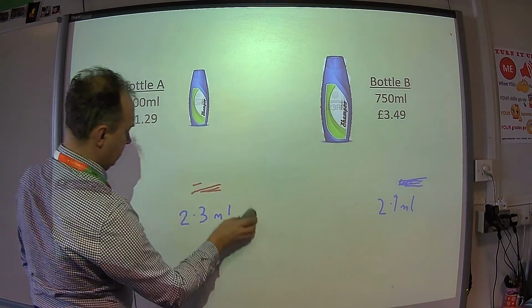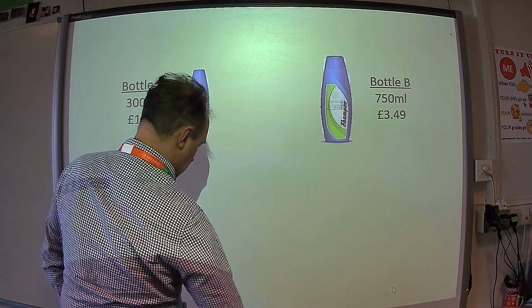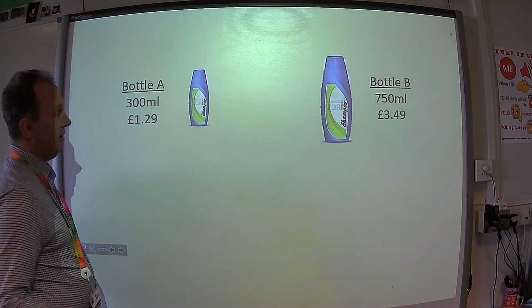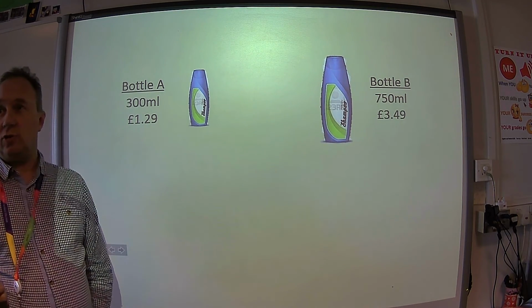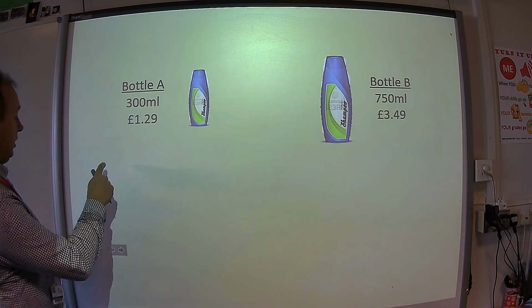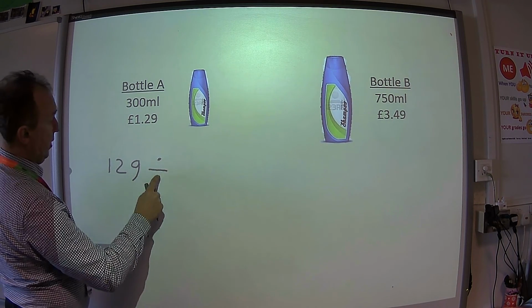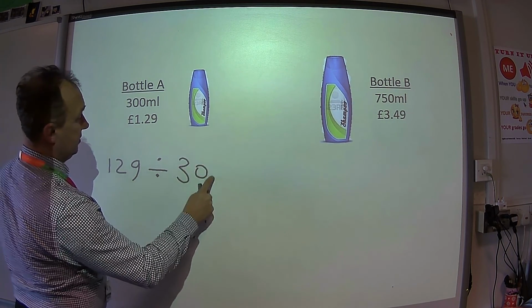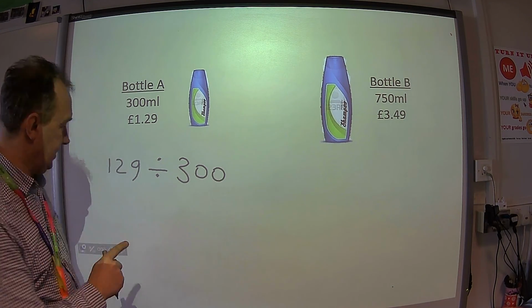So what we can also do is this. We can say what we're going to do this time is actually take the money first. Like most things in life, sometimes it's best to always go to the money first. And here we have 129 pence divided by 300. Now this is going to get us the cost of 1 millilitre.